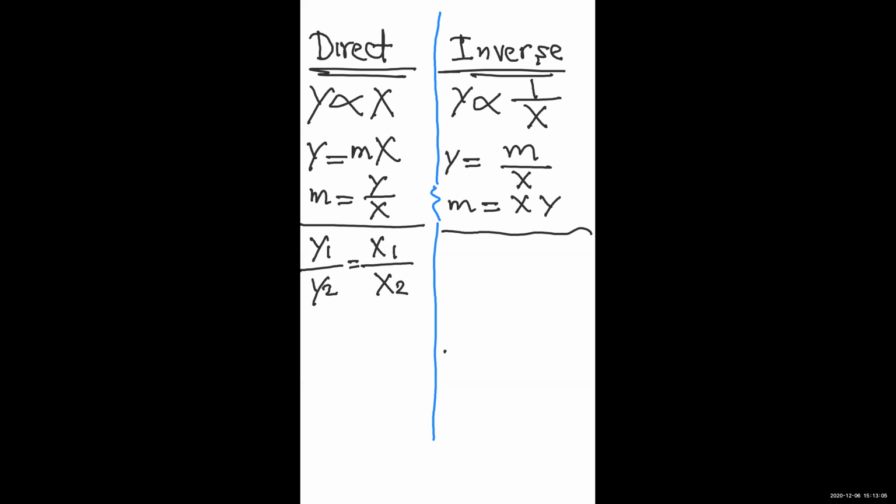So on the inverse variation, guys, the first value of y over the second value of y equals, now we said it's inverse, right? So x2 over x1. Are we clear till now? Yes. Okay, very good. Guys, actually on the direct variation, we said that the relation between x and y is represented graphically by a straight line passing through the origin point.